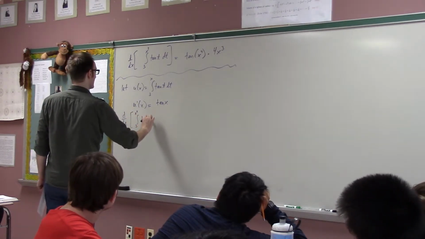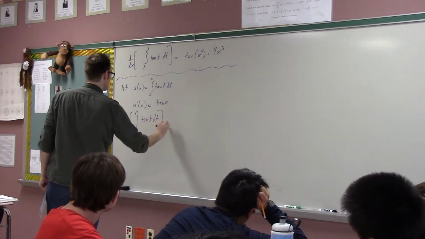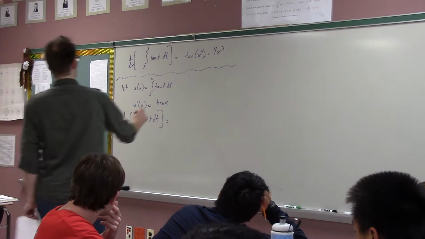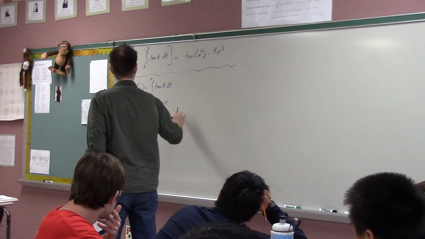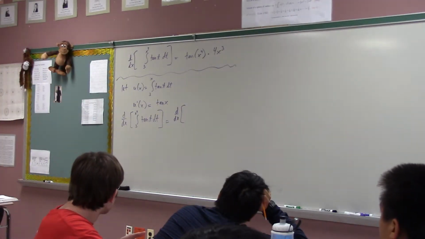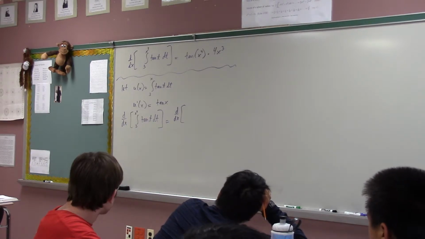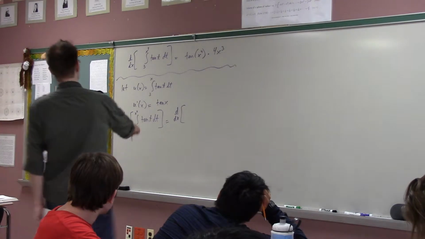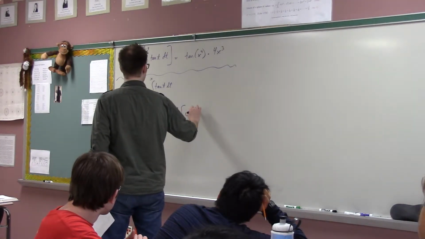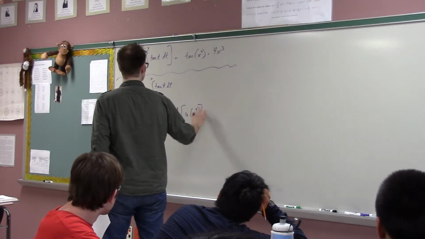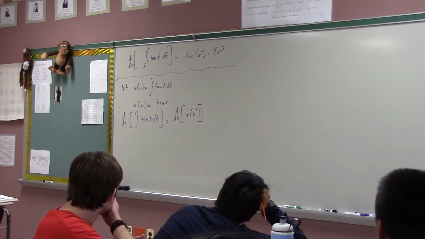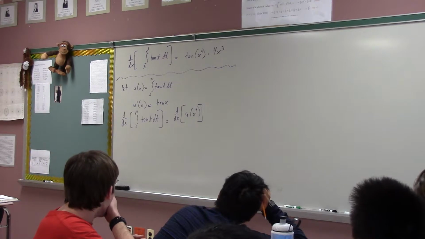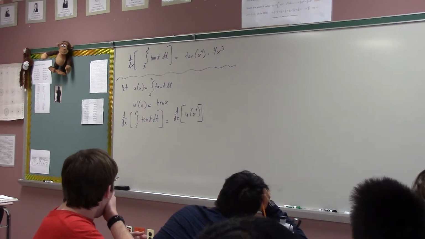So, if somebody asks for the derivative of the integral from 3 to x to the 4th of tan t dt, they're basically asking you to differentiate what? Yeah, this is just u of x to the 4th. I want to take a moment and agree with that. Okay.